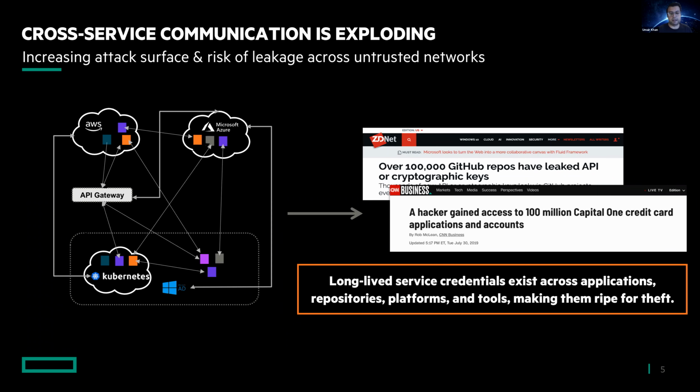As you adopt a microservices-based architecture, this problem is even more complex. Now there's a risk of all these long-lived service credentials across different platforms, and these platforms have their own specific ways of managing credentials for software services. Still, every day we hear about a new leakage of credentials across the board. So there's a security problem that we are solving.